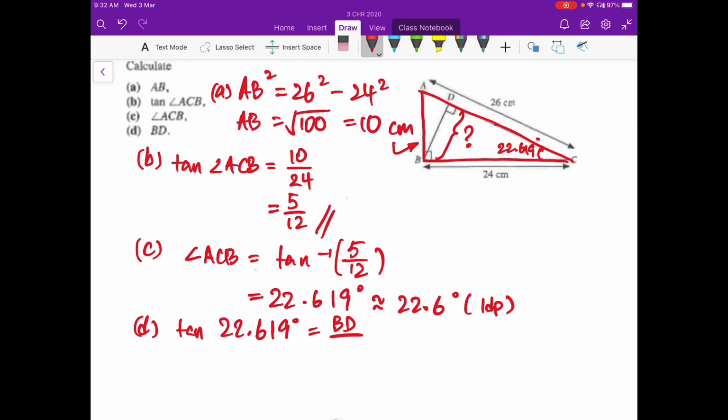Okay, change your mind. Not tangent already. She said 24, and she decided it is not tangent anymore. So what is it? Sine. So sine.